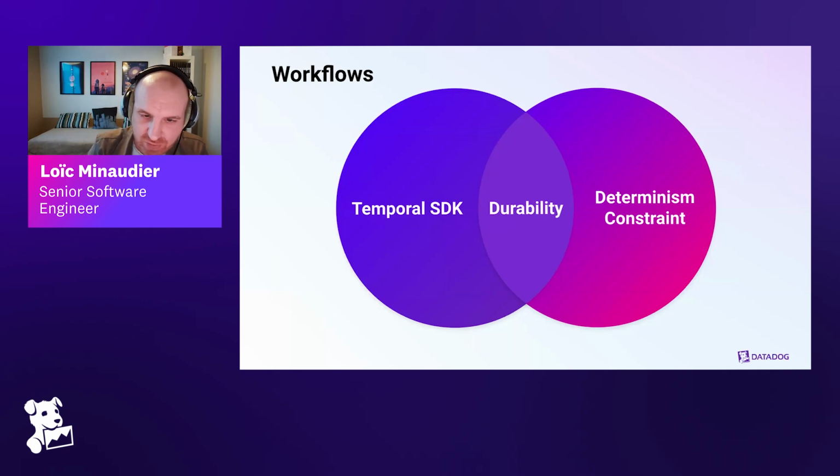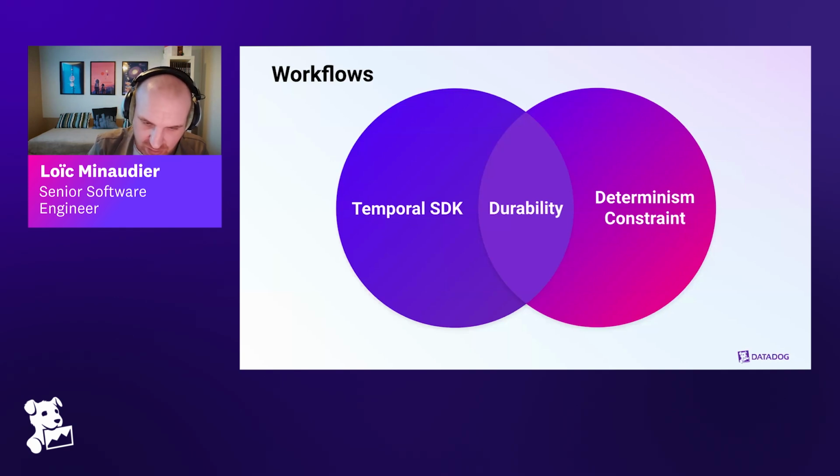They can't execute any non-deterministic code, like making any API call, writing to disk, or generating random numbers, and many other things. And these determinism constraints, coupled with the Temporal SDK, is what enables durability, because it makes it possible to pause and resume workflows at any point while still looking like you are writing imperative code.